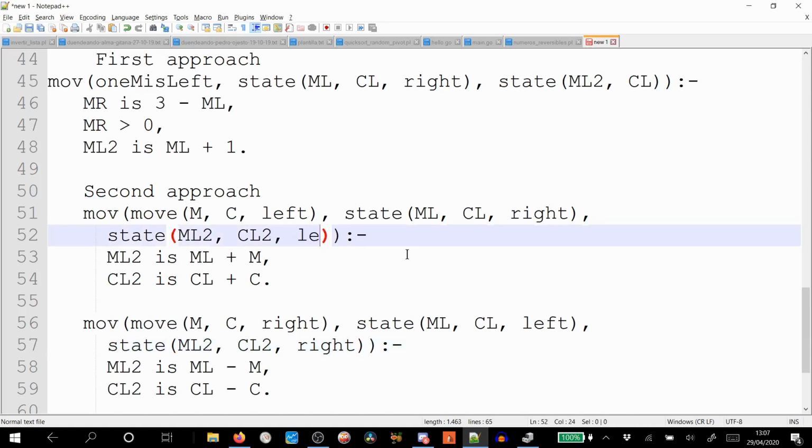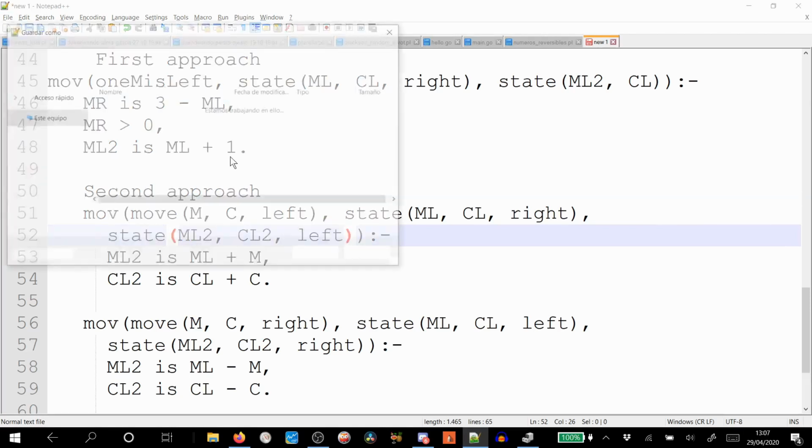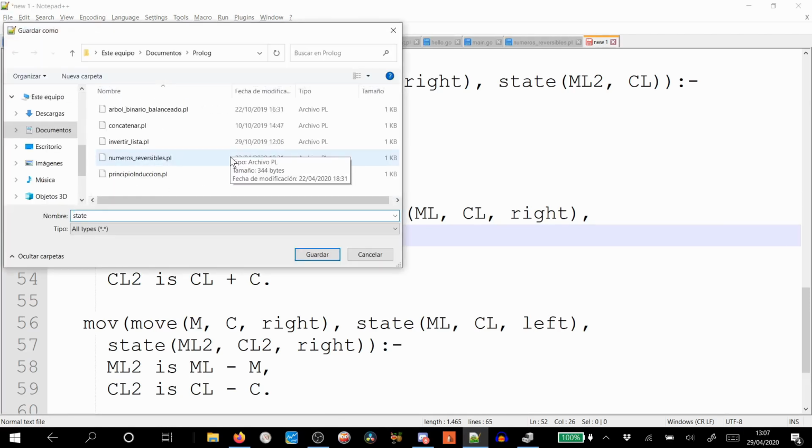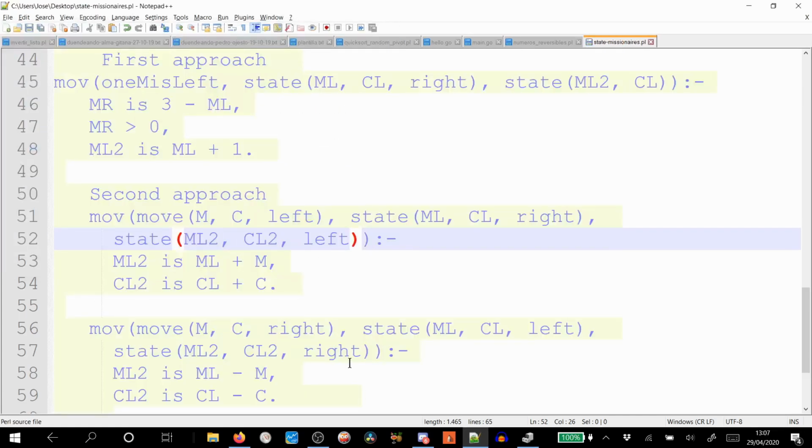At the left. Okay. Sorry, I forgot to put the boat in the state. It's very important because otherwise we don't know if it's possible to move to the left or to the right. Let's put, for example, here.